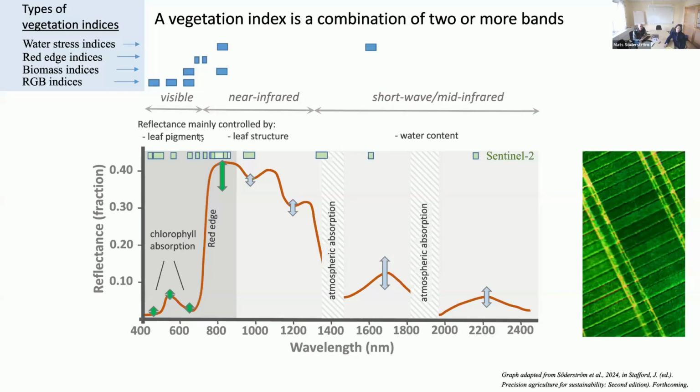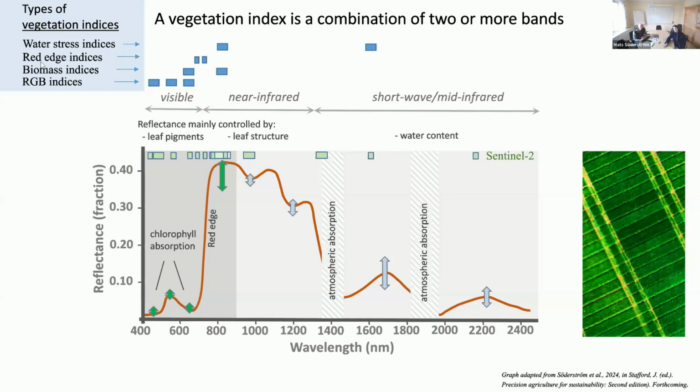Certain parts of the spectrum are better than other parts for certain things. For example, for water stress indices, it's often very useful to have some information in the shortwave infrared region. Some indices use, for example, this band over here together with the near infrared to make an assessment of the water stress.